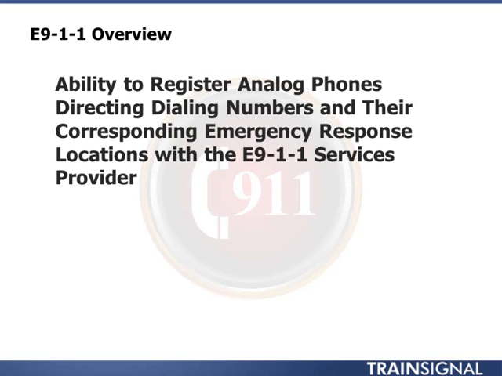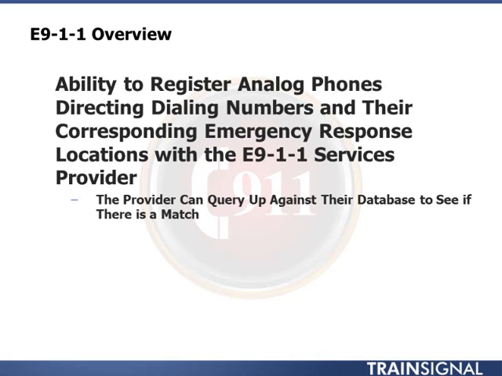In our second choice, if your E911 services provider supports this option, you have the ability to register analog phones' direct inward dialing numbers and their corresponding emergency response locations with the E911 services provider. So when a call comes into the E911 services provider, if there is not a known location getting passed along with the call, the provider can query against their database to see if there's a match.